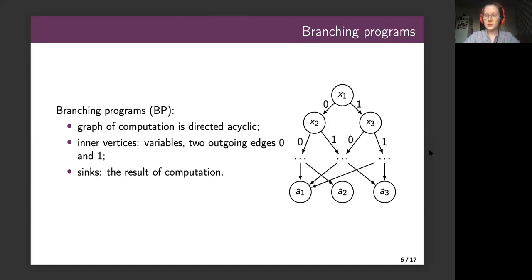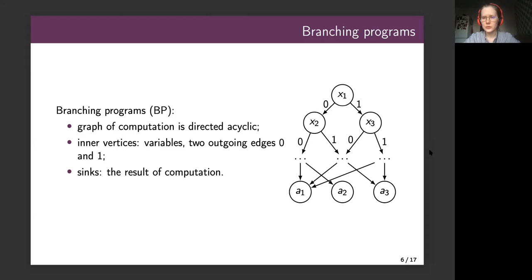The computation here is described as a directed acyclic graph, and in every inner vertex we have a variable and two outgoing edges, 0 and 1, which correspond to assigning to this variable 0 or 1. In the circles of our graph, we have the results of the computation.